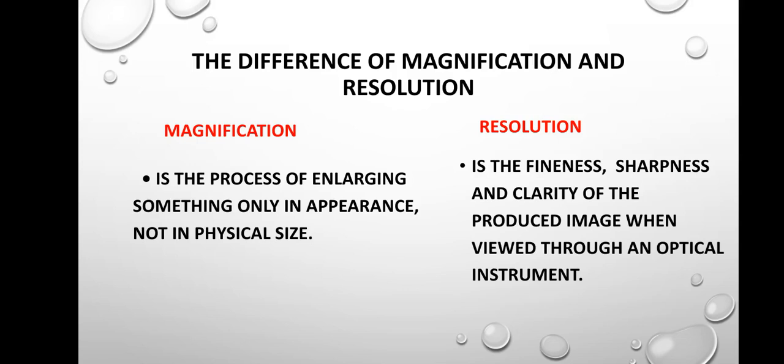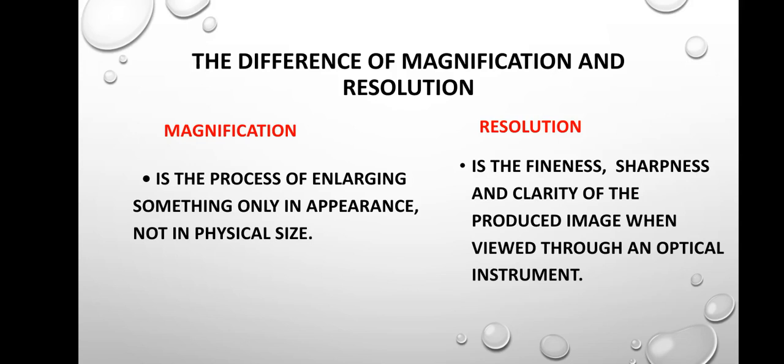In simple terms, magnification is like the zooming in or out of pictures, while resolution is the fineness, sharpness, and clarity of produced image when viewed through an optical instrument. It is the ability of the instrument to produce a detailed image of a subject. Magnification and resolution are two things that play an important role in how microscope work.